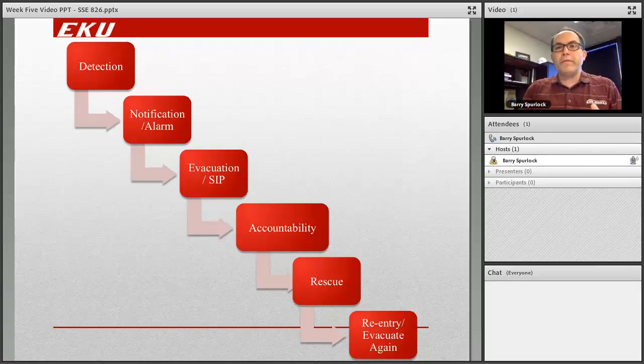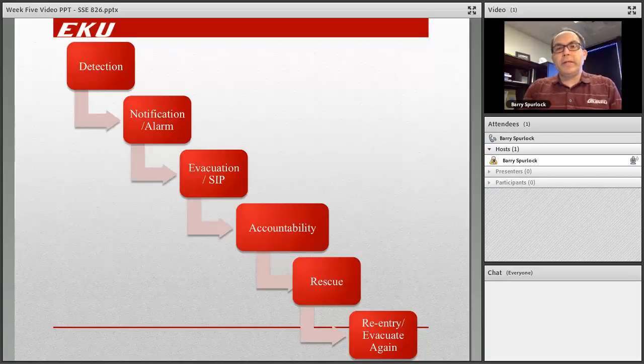Once we've notified people that the incident is underway, that should prompt the evacuation or the shelter in place. And obviously, that requires a lot of careful thought and varies greatly from facility to facility, industry to industry. Once we have employees evacuated, it's imperative that we account for those people.